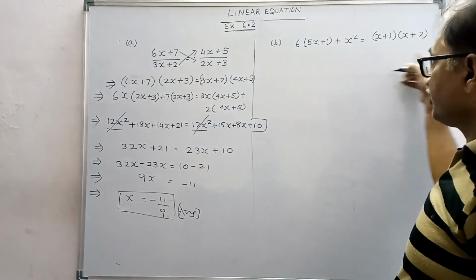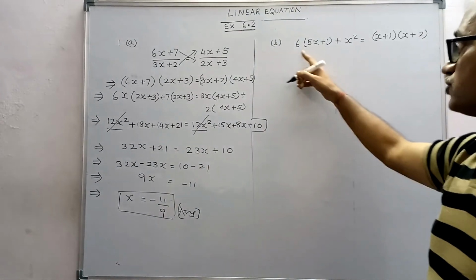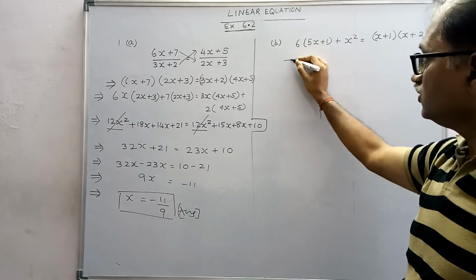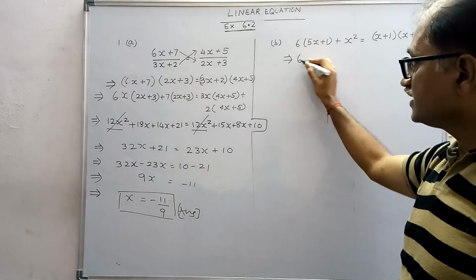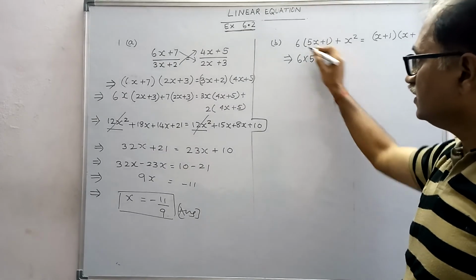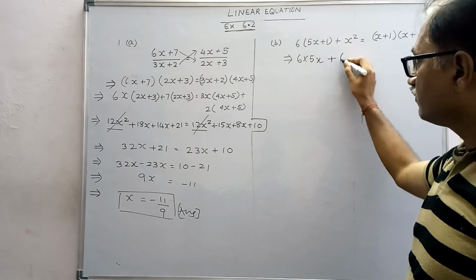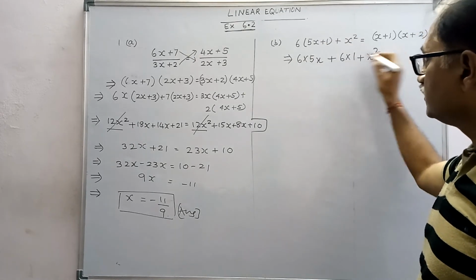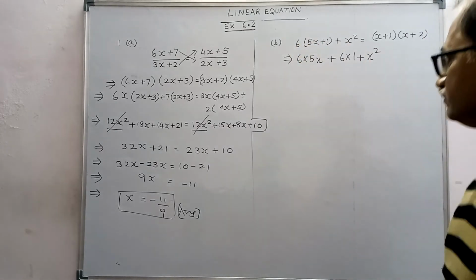Next you see this question here. First of all you have to multiply this 6 by 5x. This implies 6 into 5x, 6 into 1 plus x square. So this is your left hand side being solved.